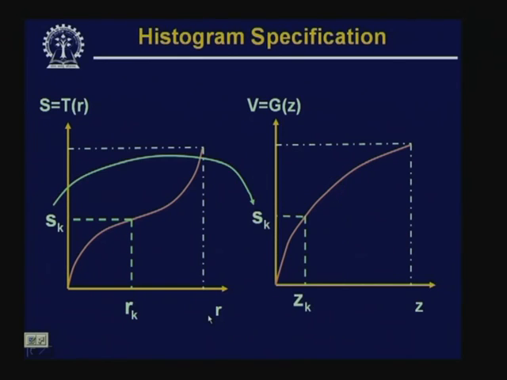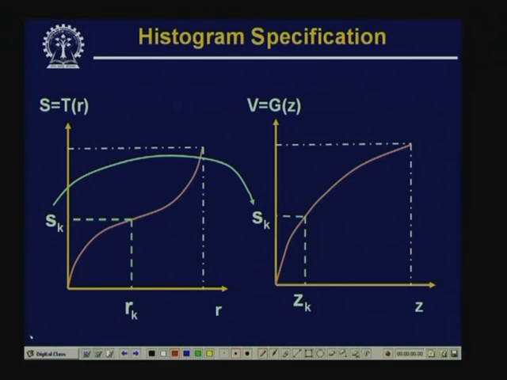As per our definition, v_k equals s_k. So, for the given image value r_k, we find the corresponding value s_k using the transformation s equal to T(r), and once we get this, we set v_k equal to s_k. That is, from the first transformation function we come to the second.